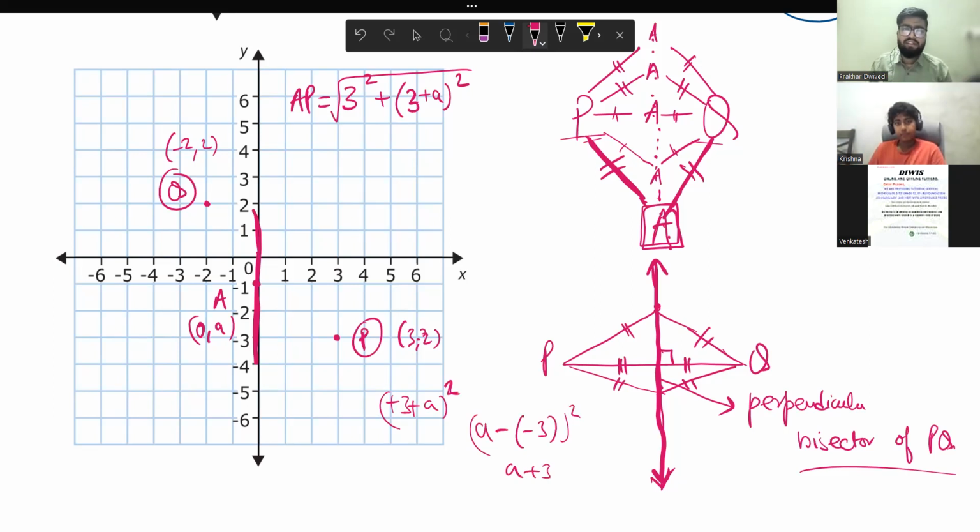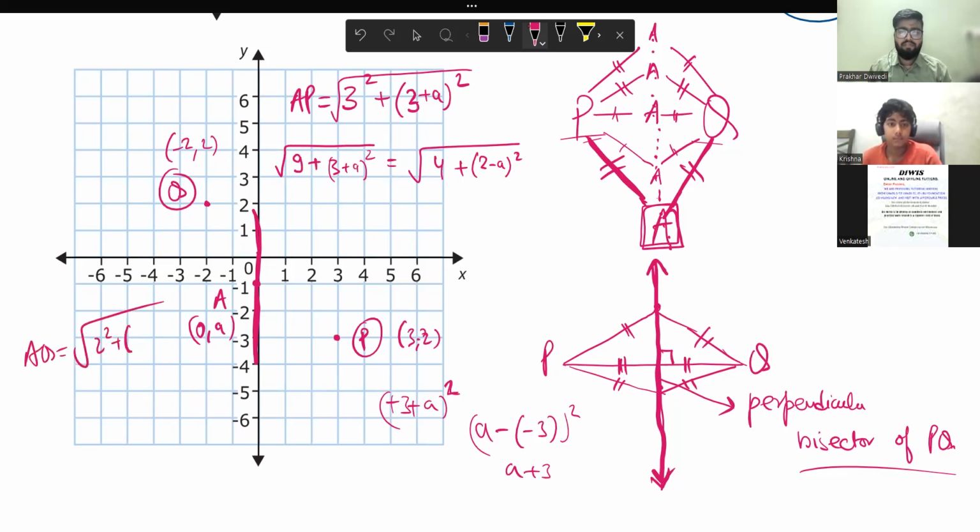Now what they are saying is that the root of 9 plus (3 plus a) squared is equal to the root of 4 plus (2 minus a) squared.